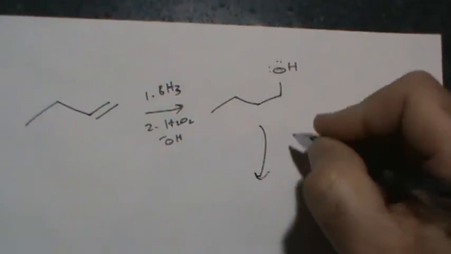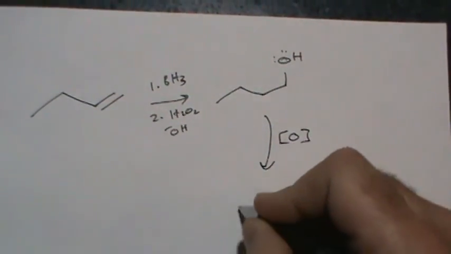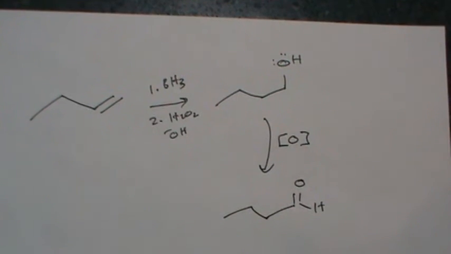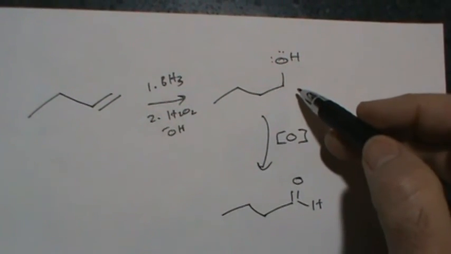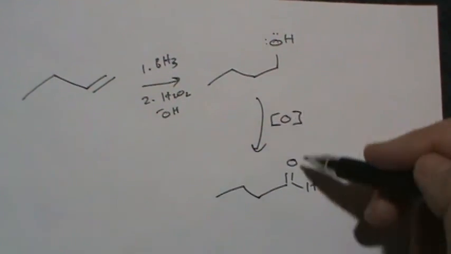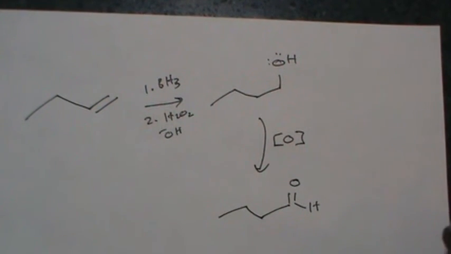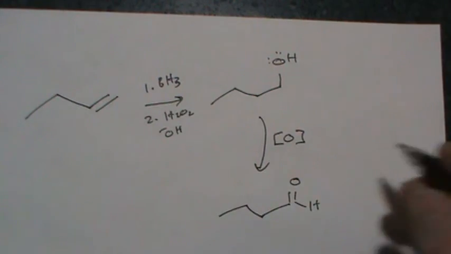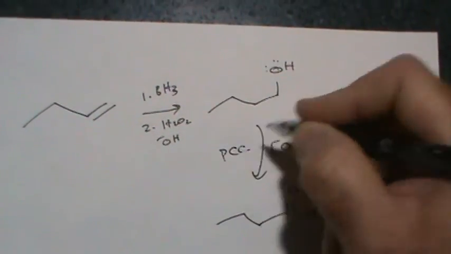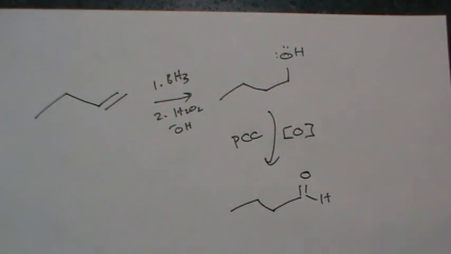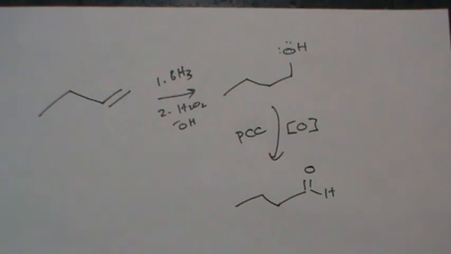And now we need to oxidize this to the corresponding aldehyde. How do we do that? This is a reaction where we want to be careful that we don't over-oxidize all the way to the carboxylic acid. We don't want to use wet oxidants. We want to use dry oxidants like PCC. And that would complete our synthesis.